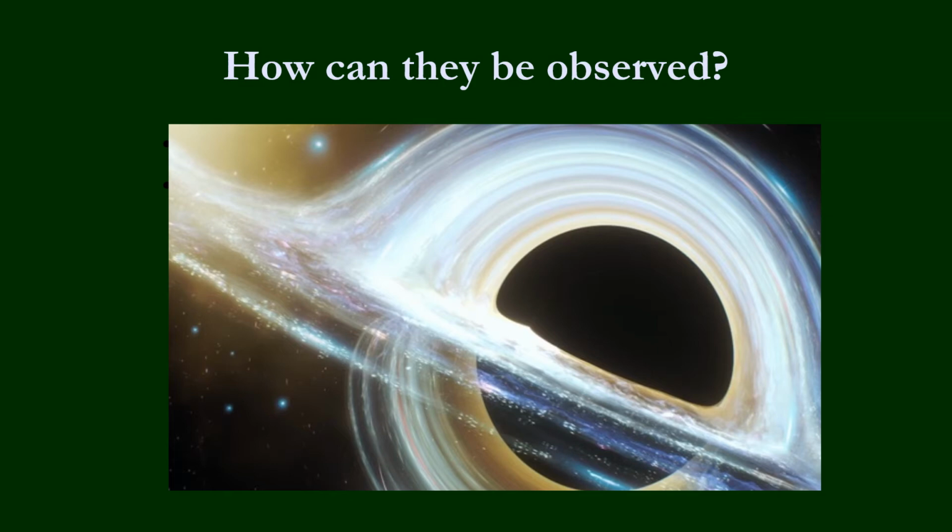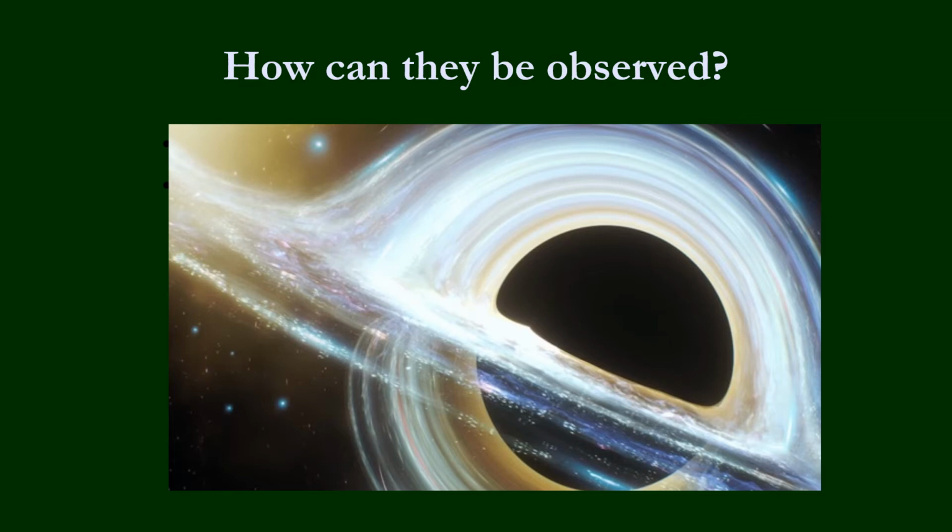And we can also observe the stars that are orbiting a black hole. So as I said earlier, the supermassive black hole that's thought to be at the center of the Milky Way. So those stars have much higher orbital velocities, so we think that there's a massive black hole, supermassive black hole there, that's responsible for that.